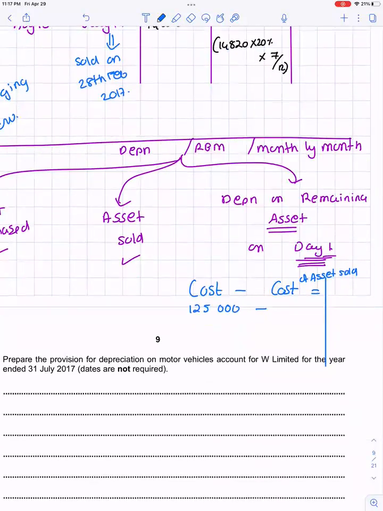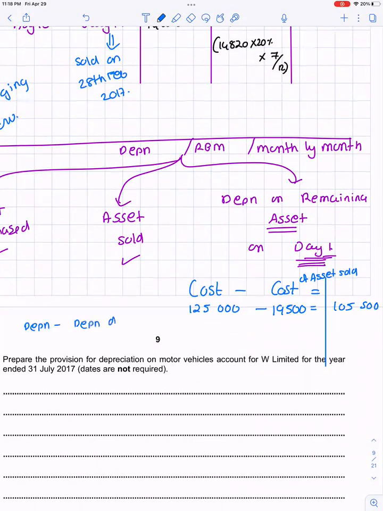So cost minus cost will give me my total cost of remaining assets: 105,500. Are you with me? Yes.